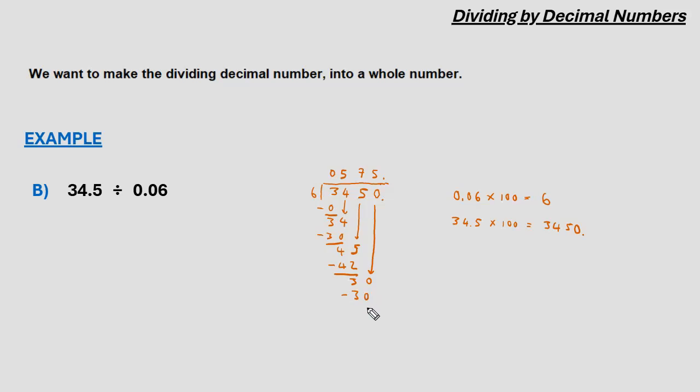And 6 times 5 gives us 30, which leaves 0 below. So with no more long division to be done, we have the answer to the original division sum. 34.5 divided by 0.06, and it's 575.